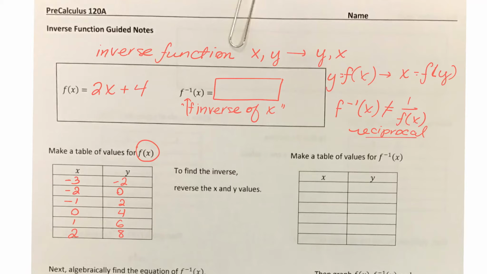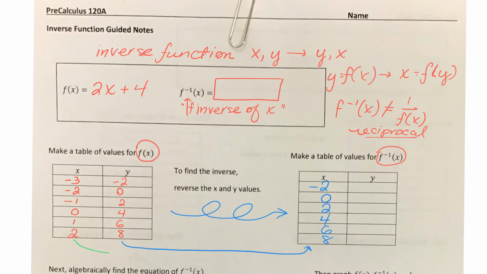Now, to find the table of values for the inverse function, we are simply going to take these values, spin them around and put them in here. All of the y's are going to become the x values. So my x values are going to be negative 2, 0, 2, 4, 6, 8.